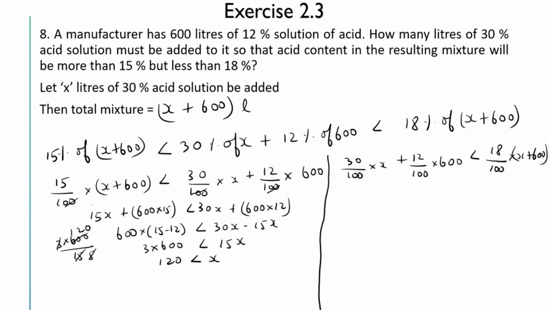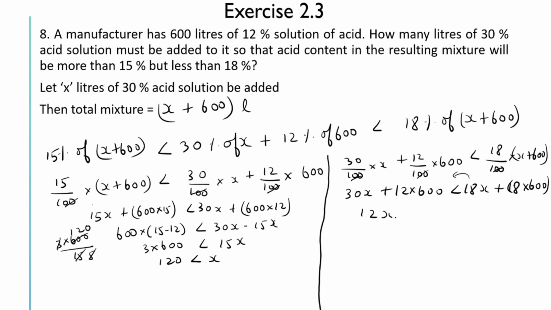Here also all these 100 will go. So we get 30x plus 12 into 600 less than 18x plus 18 into 600. So when we bring 18x to this side, we get 30x minus 18x.